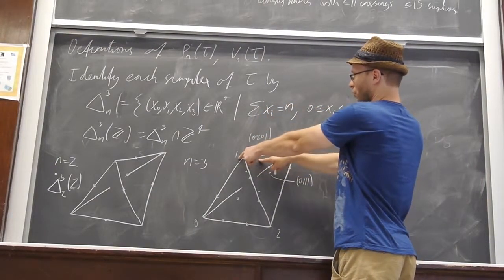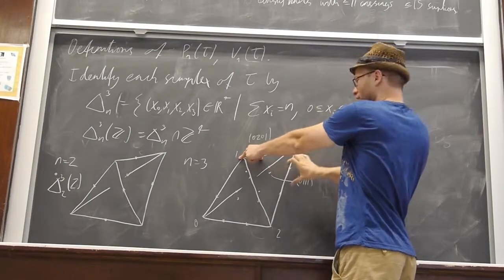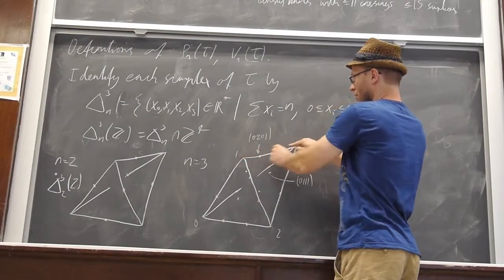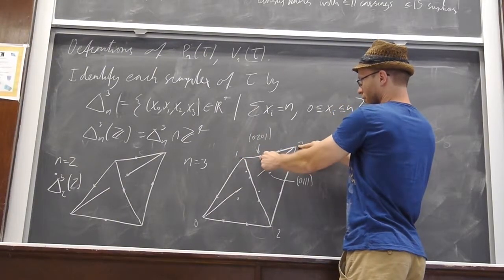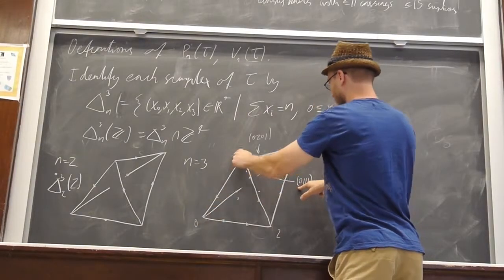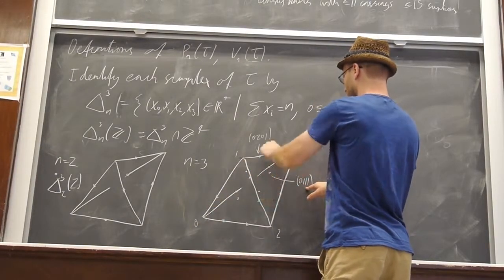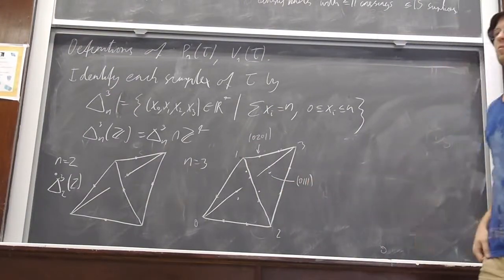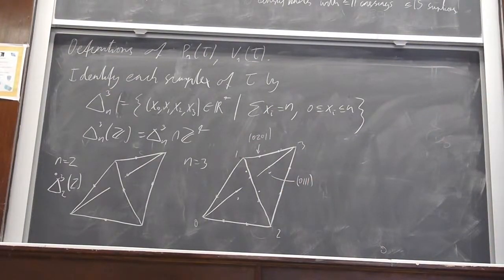So here the first coordinate is just the distance to the face opposite the first edge. So there's a distance 2 here. And for the third coordinate, there's a distance 1. So here, for the 0th coordinate, there's a distance 0. For the first, a distance 1. For the second, a distance 1. And for the third, a distance 1. So each of these points corresponds to a number like this. Right?